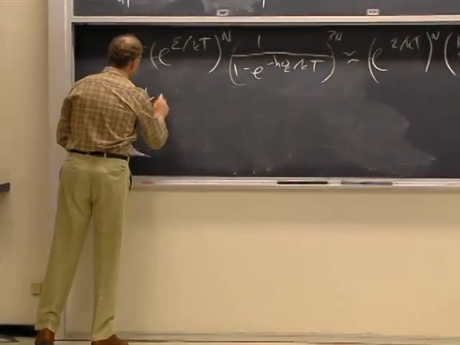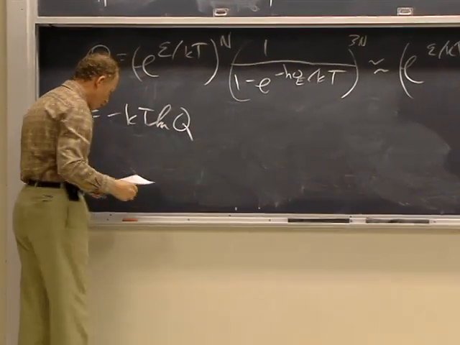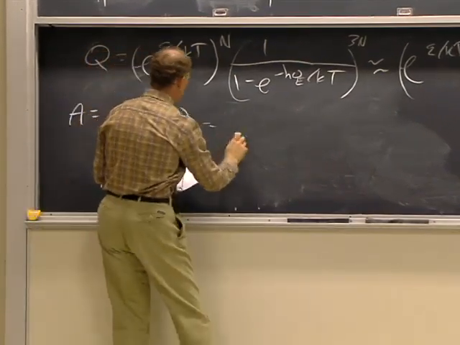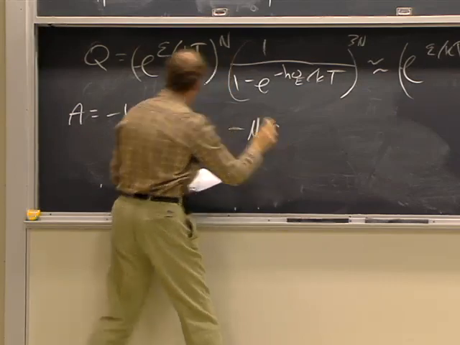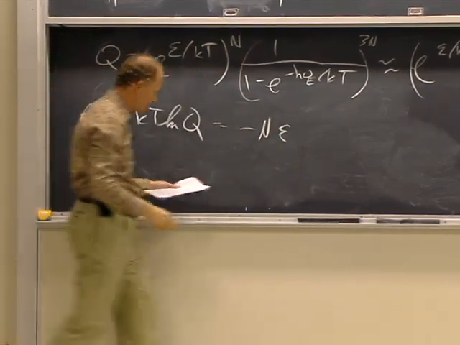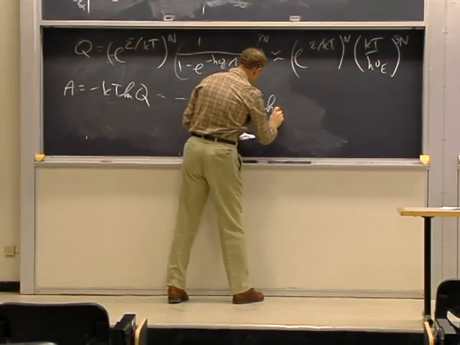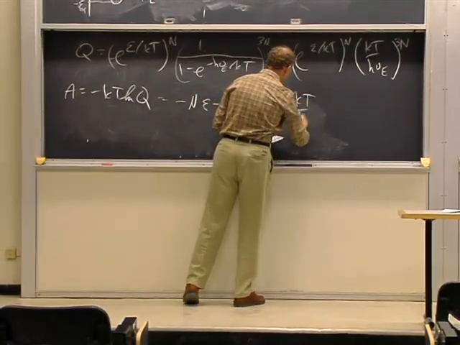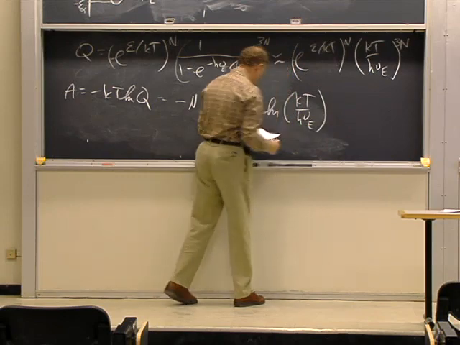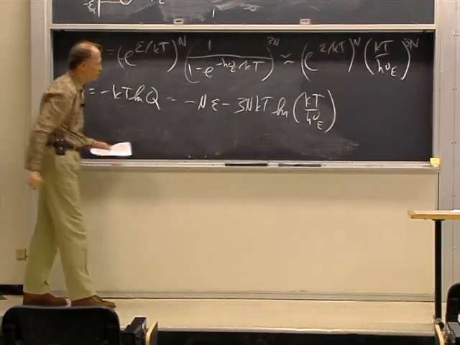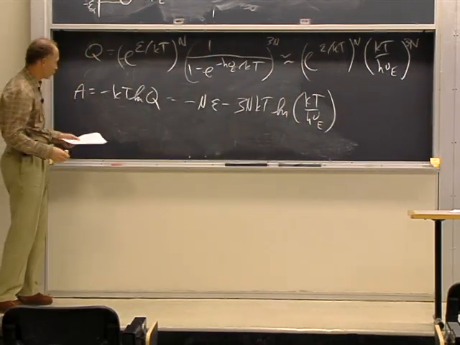A is minus kT log of Q. So it's just minus nE, right? And the kT cancels. Minus 3n kT log of kT over h nu e. Okay, for the second part.